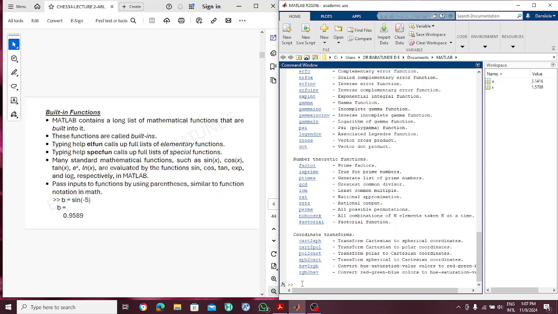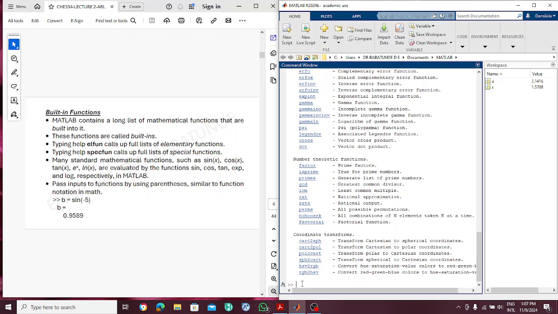An angle can have a unit of degree or a unit of radian. If you call sine, MATLAB believes that the angle being passed into the parentheses is measured in radian. If you are using cos also, the angle being passed into the parentheses is expected to be in radian. The same thing with tan.